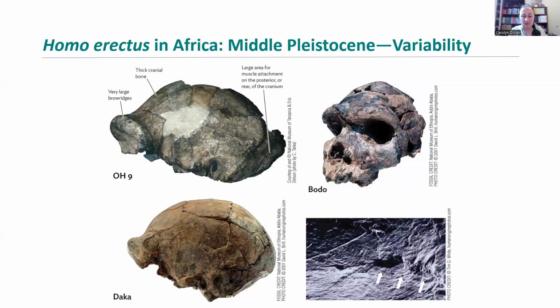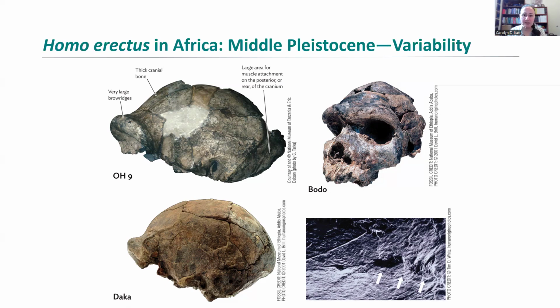OH9 is the name of the specimen. Notice it's got a really big brow ridge and a large area for muscle attachments on the back of the skull. This specimen also has really thick bone in the skull. It's very robust for a Homo erectus.